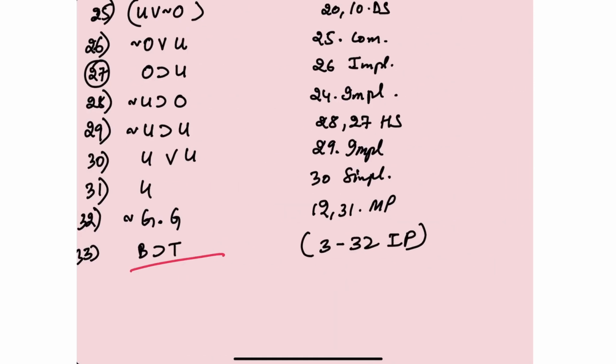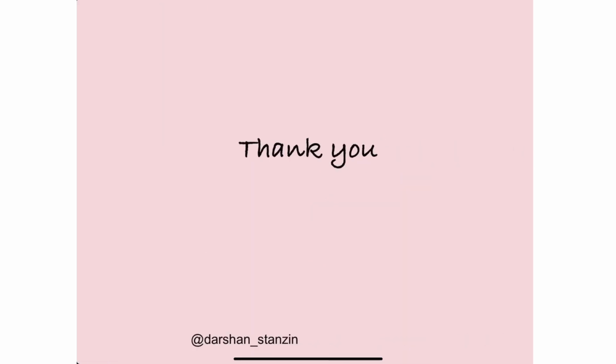So similarly you have used disjunctive syllogism, again commutation, simplification, and we have used hypothetical syllogism, implication, simplification, modus ponens, and finally we have a contradiction over here. So once we have a contradiction, here you can write from 3 to 32, you have simply used IP here. So although this question is quite lengthy, the steps are easy.